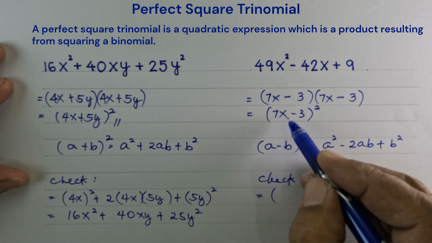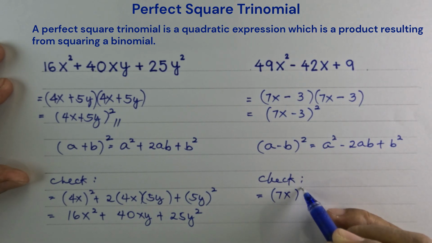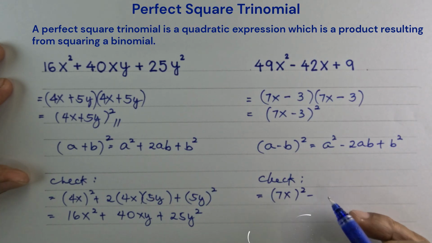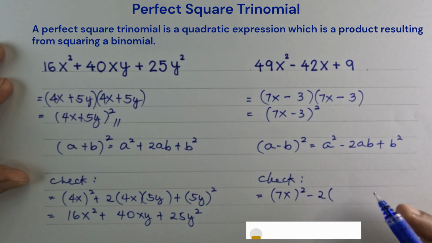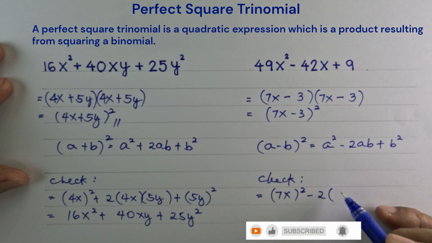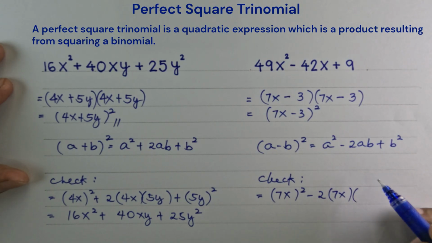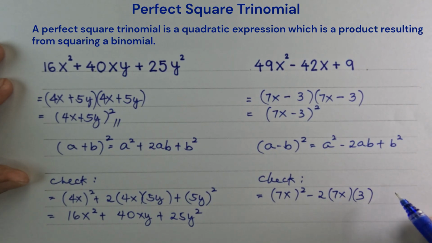So the square of the first term is 7x quantity squared minus twice the product of the first and last terms, that's 7x times 3, plus the square of the last term, that's 3 quantity squared.